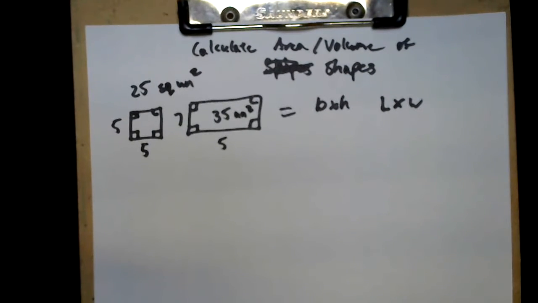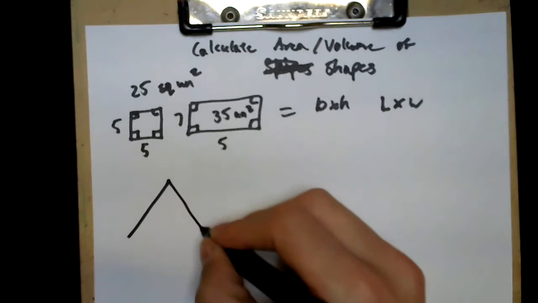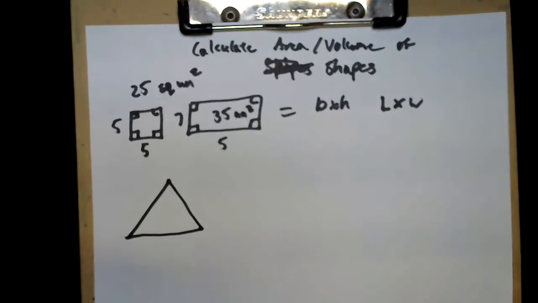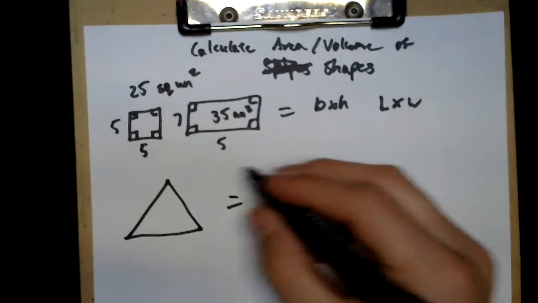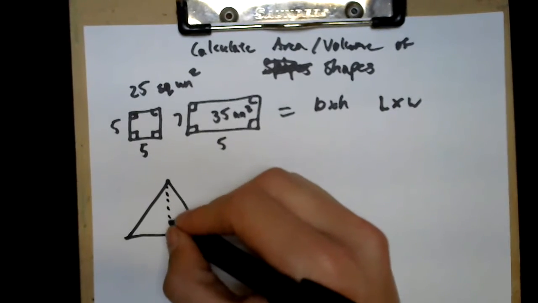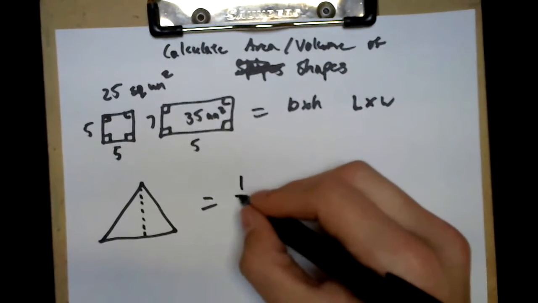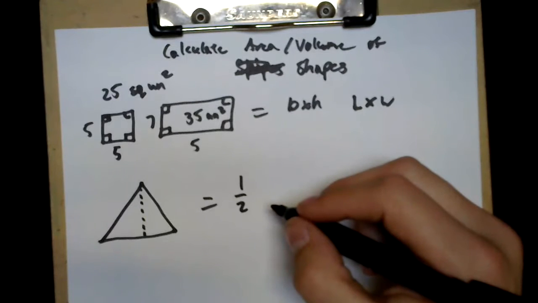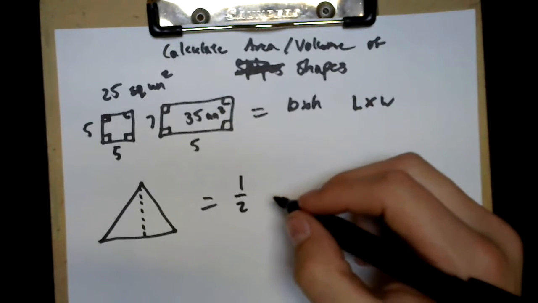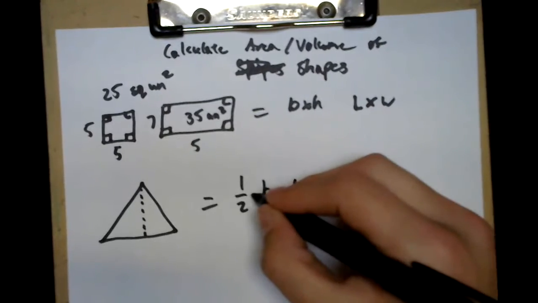The next area will be triangles, which is half the base times the height.